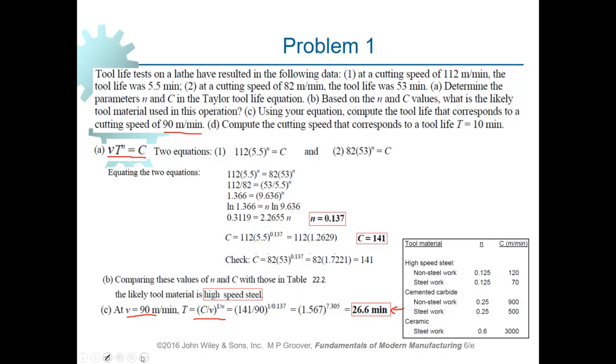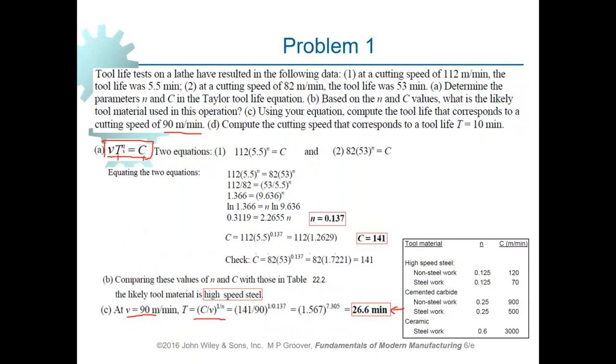So if we have the value of cutting speed, we can easily estimate the expected tool life for that given scenario. And in part D, compute the cutting speed that corresponds to a tool life of 10 minutes. Again, we make use of the same equation. If we know the value of tool life, which is 10, we have the values of t, n, and c already computed.